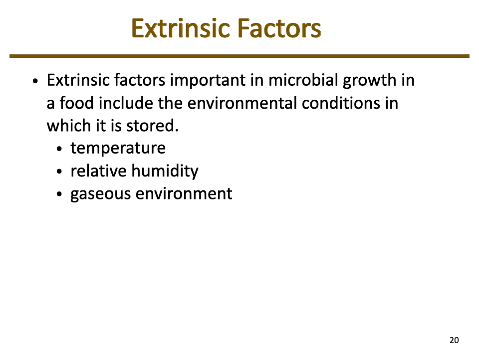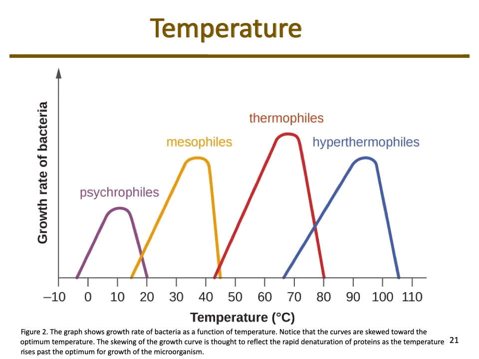So this would relate to that oxygen and other gases that would be present. So looking at temperature, microbes can have a preferred temperature range, just like they do with acid and oxygen and our other factors.